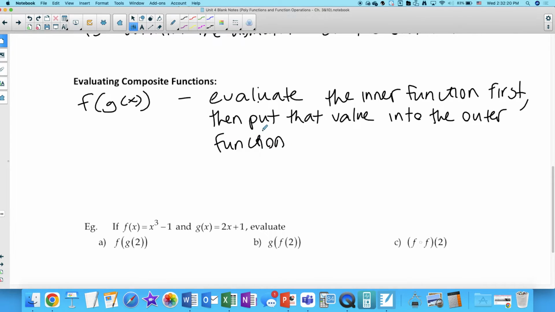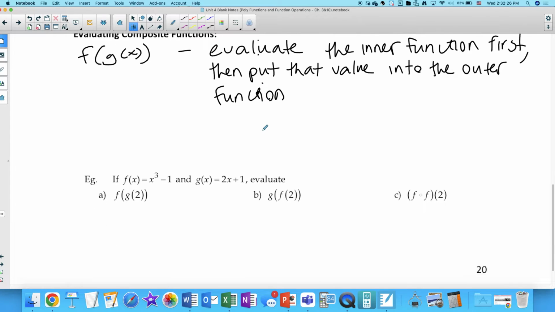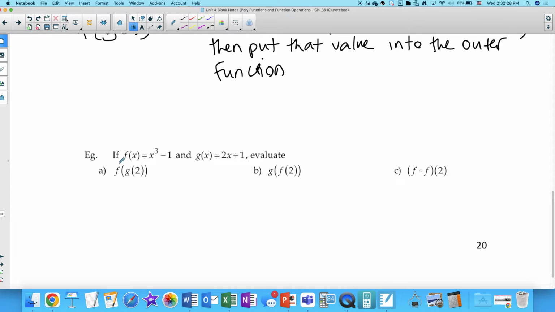So, for example, let's say we're working with f of x equals x cubed minus 1 and g of x equals 2x plus 1. And we want to evaluate f of g of 2. So what I mean by this sentence over here is I could evaluate g of 2 first, right? So I could say, okay, what's g of 2 equal to?